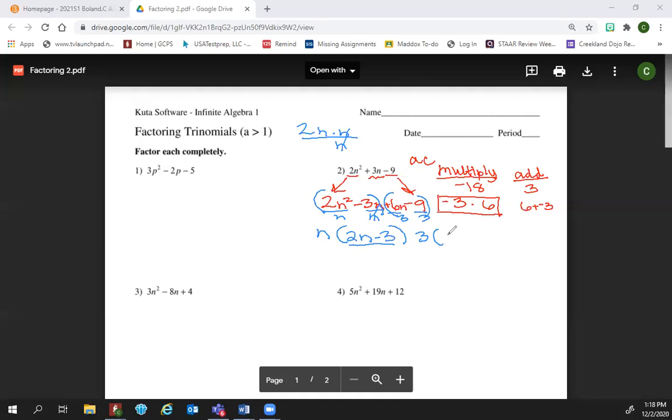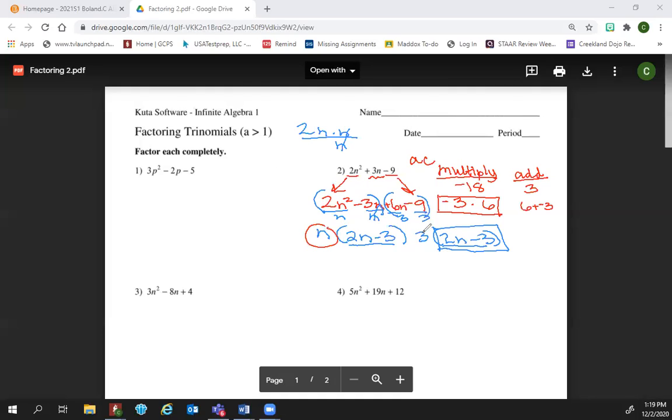6n divided by 3. 2n. Negative 9 divided by 3. Negative 3. Do I have matching factors? Yes. Okay, so I use one of the matching factors, and then where does my other factor come from?